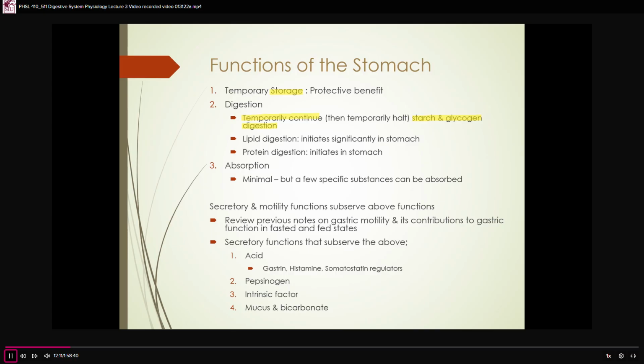So as soon as that amylase comes in contact with the gastric acids, it's going to be inactivated. At the point at which all of it has been completely solubilized and mixed with gastric acids and inactivated, then you're going to temporarily halt carbohydrate digestion in the stomach, because the stomach does not secrete and add any new and additional enzymes that could do any additional carbohydrate digestion.